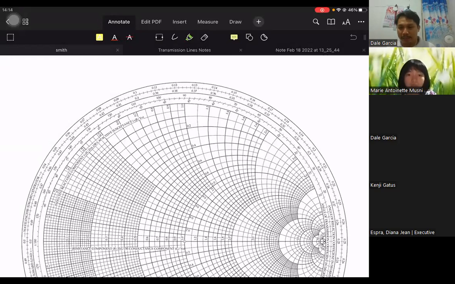You also need a ruler and a compass. You can self-learn if you like, there are YouTube videos that talk about this, just for practice purposes. We won't require that. Our objective is to understand how stub matching works.